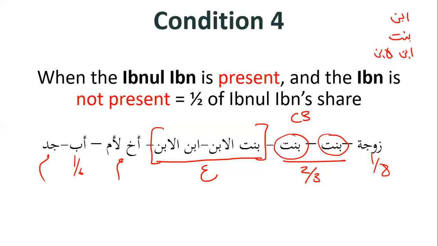So if we slightly tweak this example, if there was only 1 bint, then we wouldn't say in condition number 3, if 1 bint is present, then the Bintul Ibn receives 1/6. No, that is overridden by condition number 4, the fact that we have an Ibn al-Ibn here. Therefore, we ignore condition number 3 and we put a line under that and we give them Asaba.